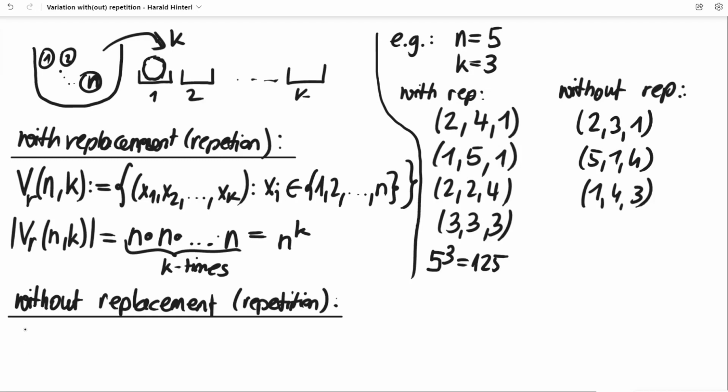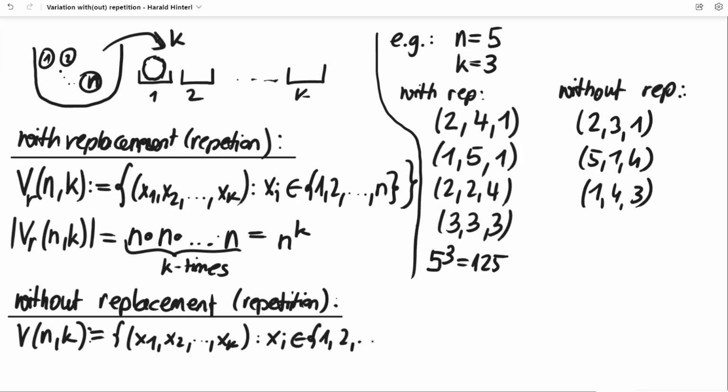So how to describe this in general? So the variation, we don't need an index because we do not repeat. We again have k-tuples. So this is the same as above. We have n balls in the urn. For each draw we can have a number from 1 to n. But in addition we have a constraint, an additional condition.